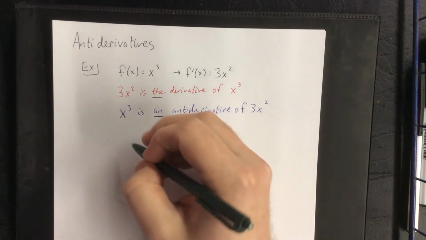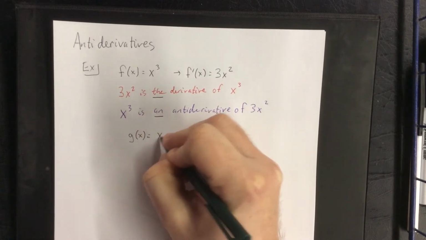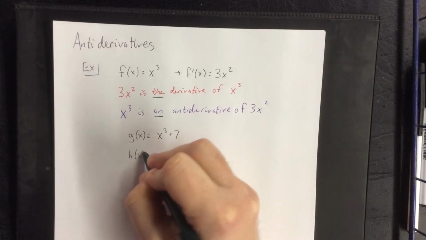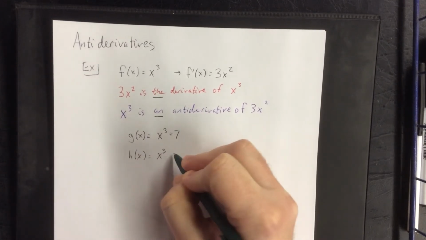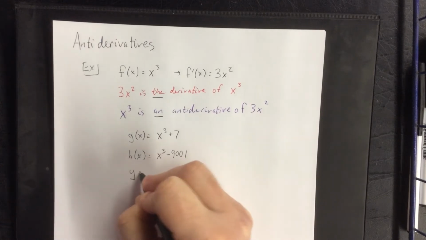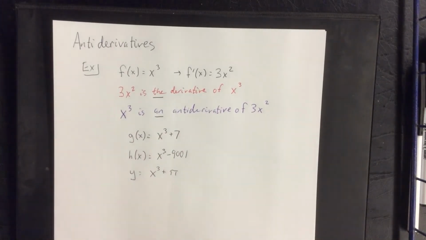Now, the reason that I bring this up is I could define several other functions like g of x is equal to x cubed plus 7, or h of x is equal to x cubed minus 9001, or simply y equals x cubed plus pi.